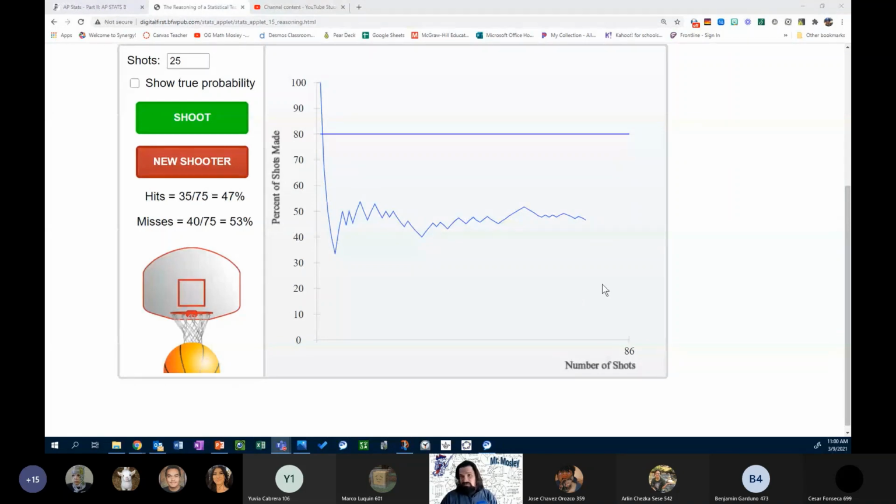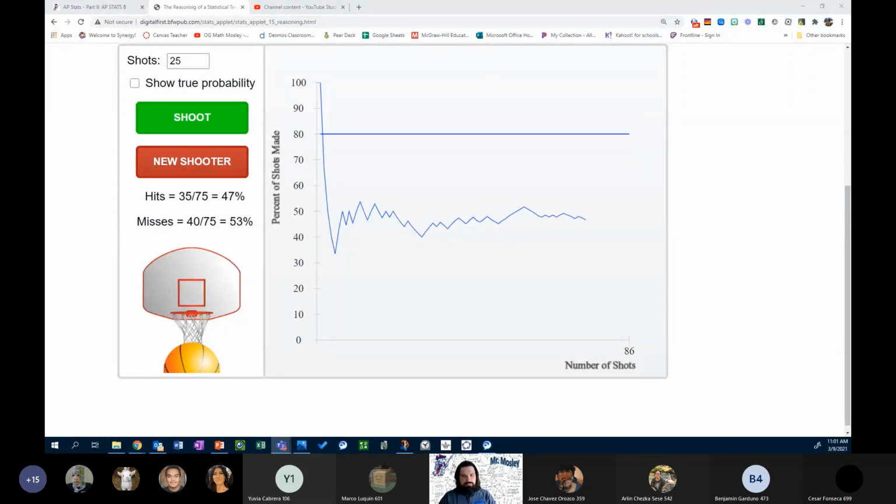Do we think this basketball player's claim is true? What do you guys think? Based on our simulation here, do we have evidence to support his claim?